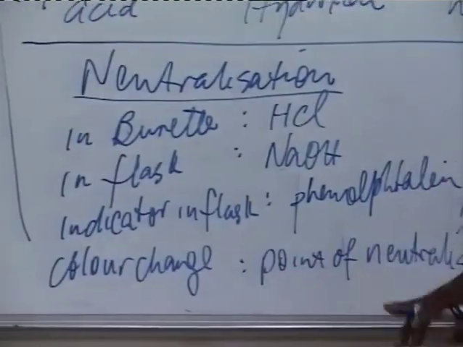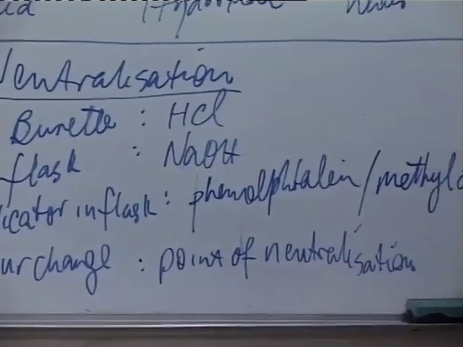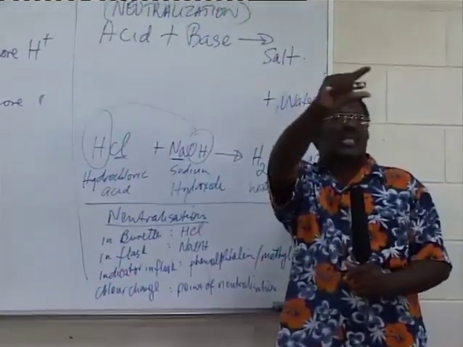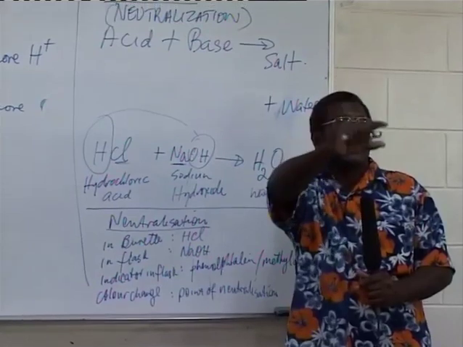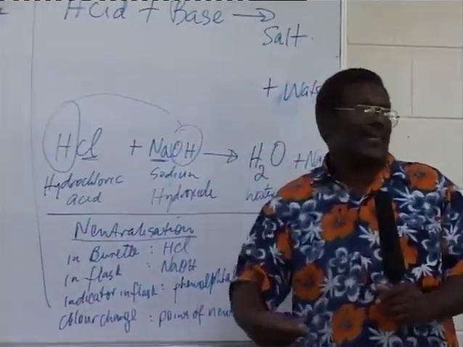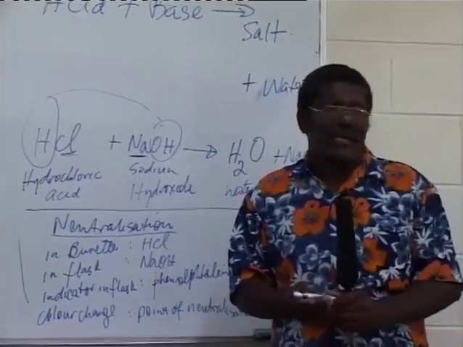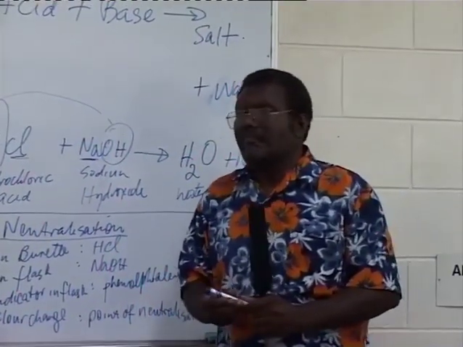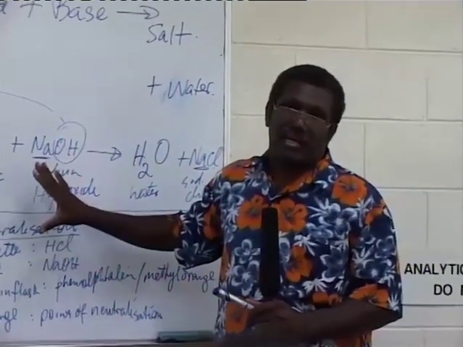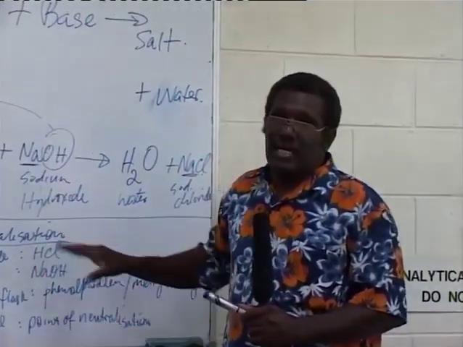So the color change tells you the point of neutralization. And in fact, if you read your burette, you will notice the amount of acid that you added from where you started to where you finished. That's the amount that neutralized the amount of base inside the flask. So what you have done is one reaction, a neutralization reaction.